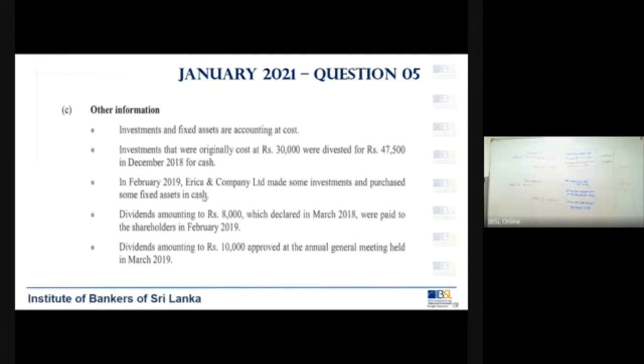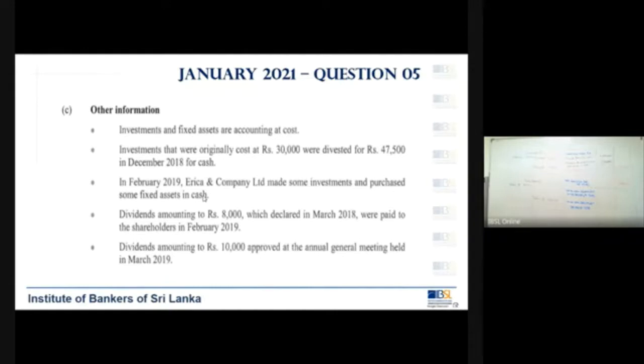So why are they giving this information? For you to identify the amount of investments that they have made and how much of fixed assets they have purchased.